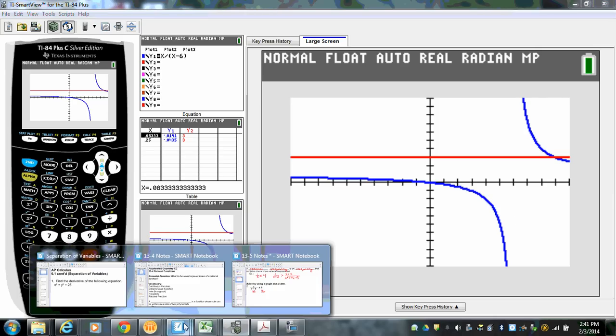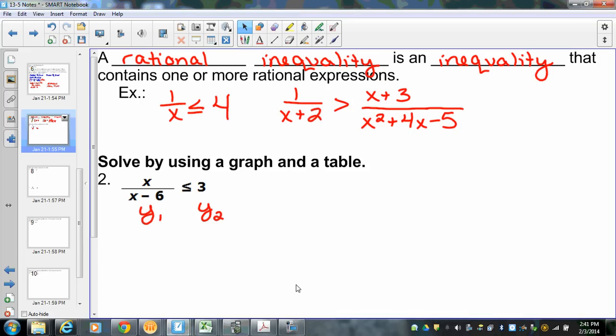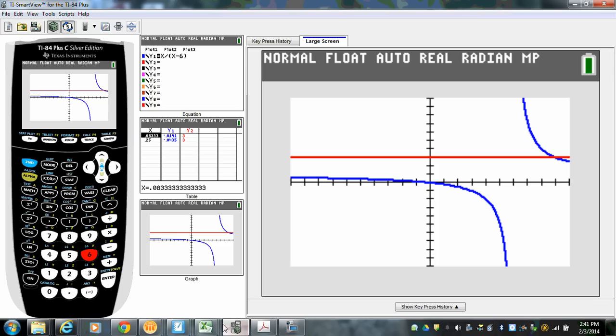So that tells me that part of my answer, going back to my video, is x is less than or equal to 6, because that would give me that entire lower graph here. Now, for this half of my inequality, for x over x minus 6, I'm going to be less than 3 from this point right here where they intersect and forever forward from there, because that will stay below the red line from there on out.